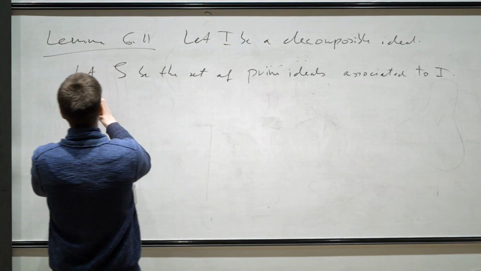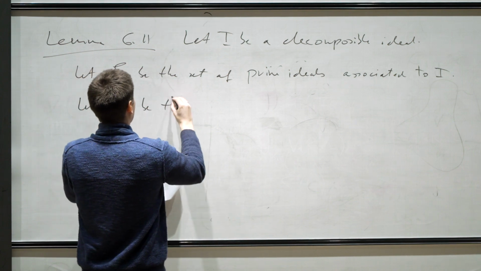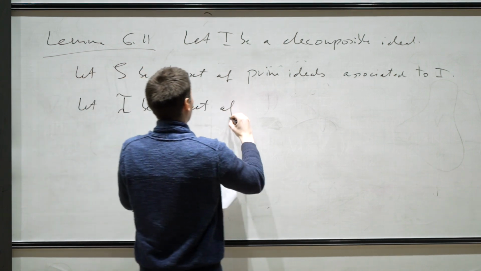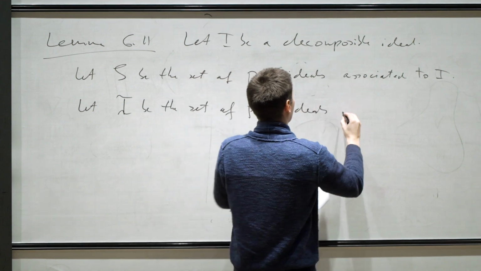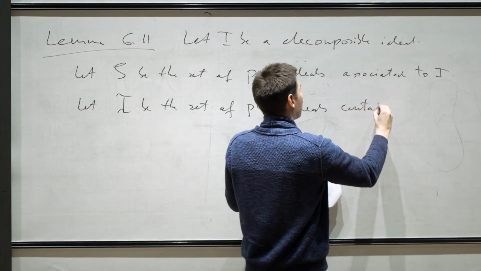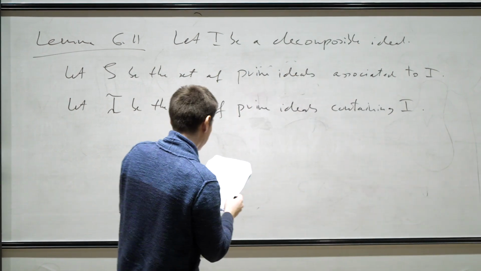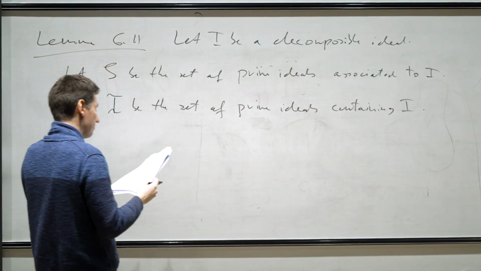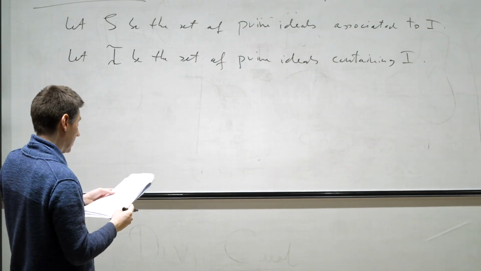And then let curly I be the set of prime ideals containing I. Okay, both are ordered by inclusion, so that's clear.